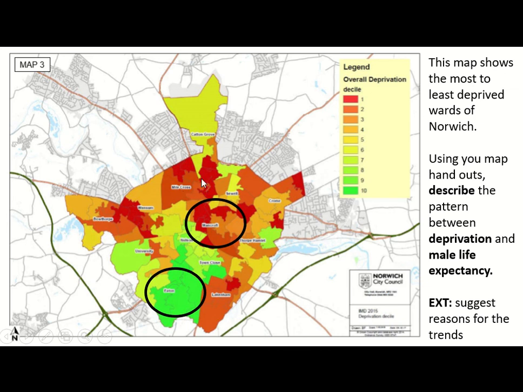So when you consider how deprived these areas are, and all those 7 things that go into giving it this score, it just shows you the people of Marlcross have got it rough. And the people of Lakenham, which is down here, and you've got the Bowthorpe area here, those areas really are starting out life a lot further behind some of the people that live in the wealthier parts of Norwich.